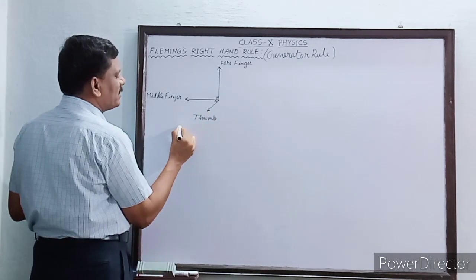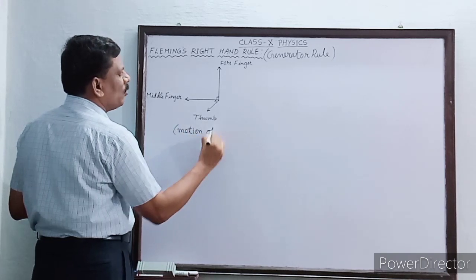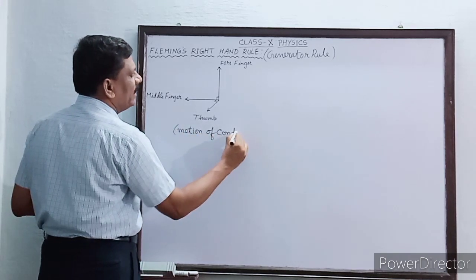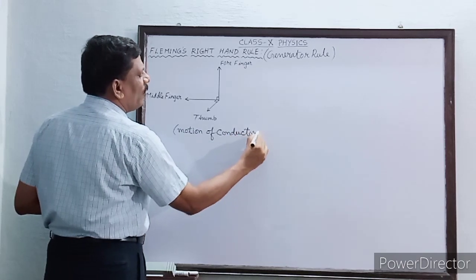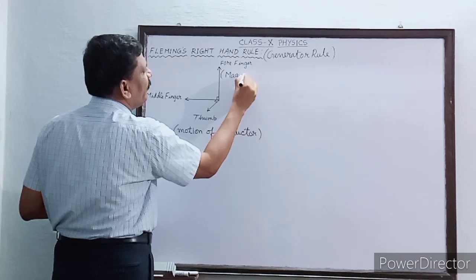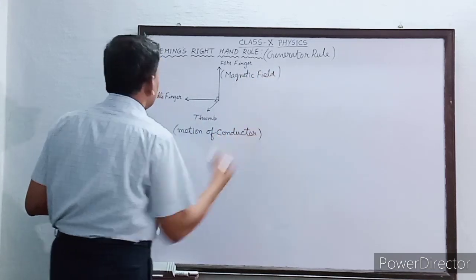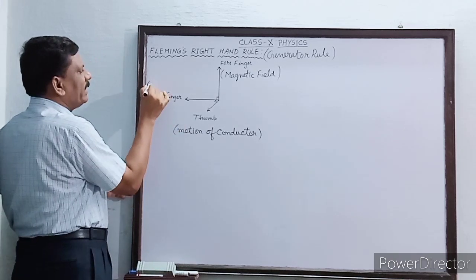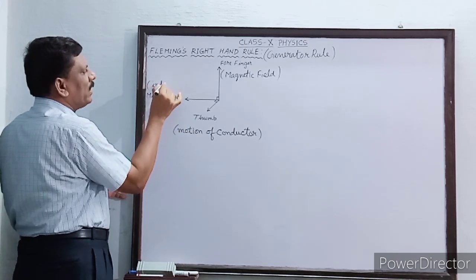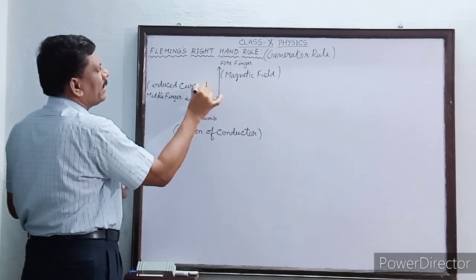The thumb indicates the motion of a conductor, the forefinger indicates the direction of the magnetic field, and the middle finger indicates the direction of the induced current.